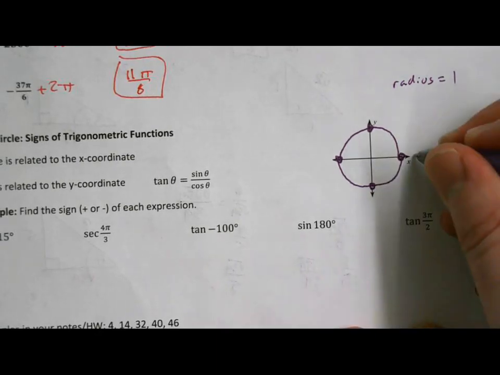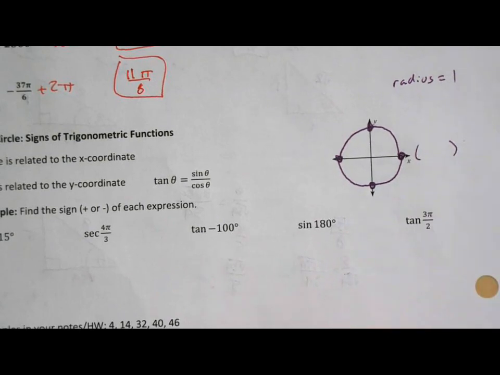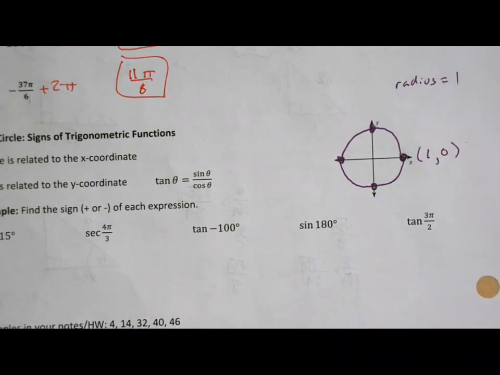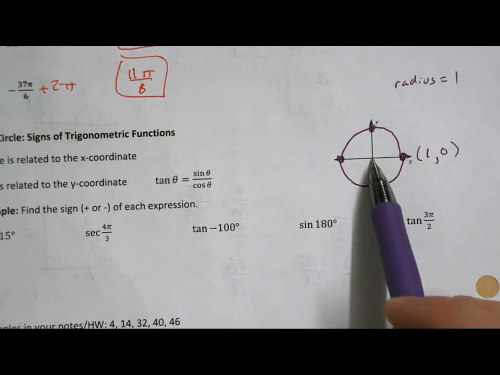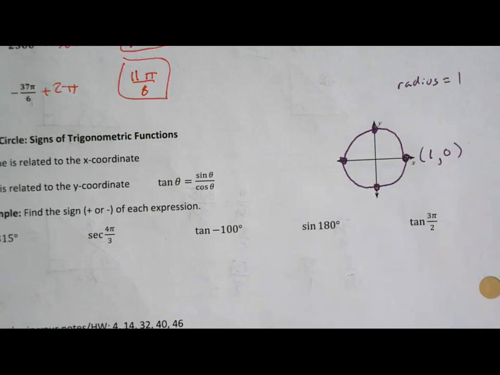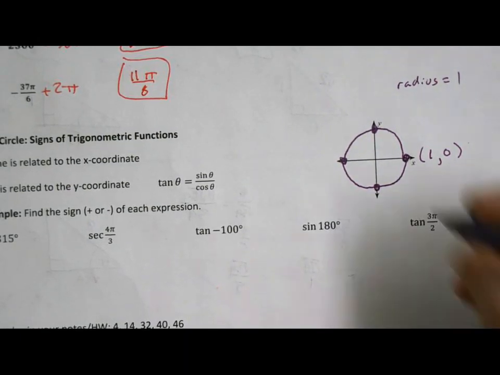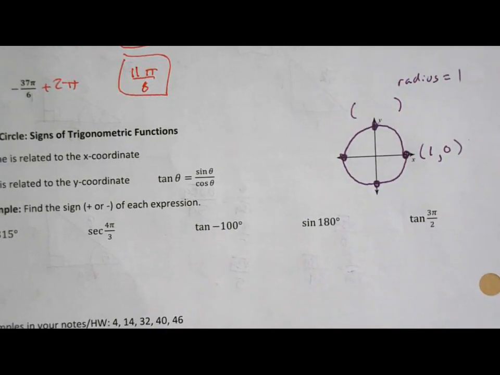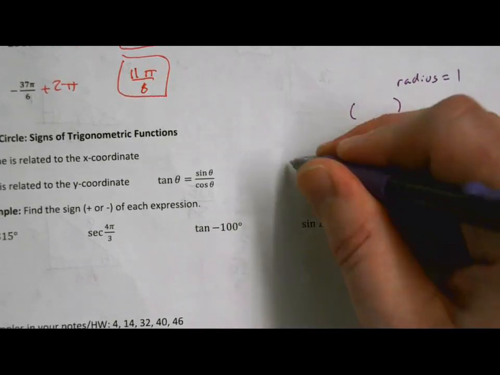Find me x and y coordinates. I'll give you a hint. All of the x and y coordinates are going to be 0s and 1s and negative 1s. Spoiler alert, the first one is 1, 0, because the radius is 1. Here we go.